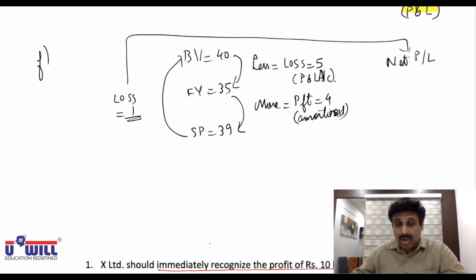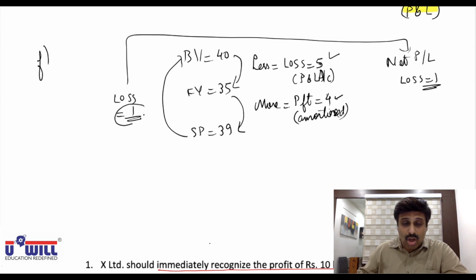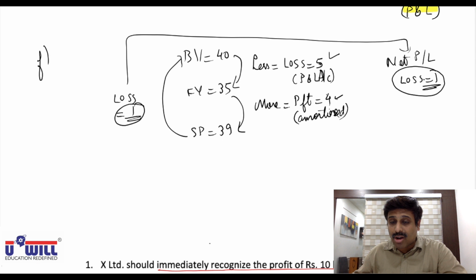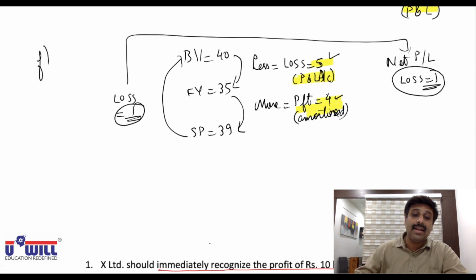What is the net profit or loss? Profit 4, loss 5, which is 4 minus 5. So there is a net loss of 1 lakh. Is this loss of 1 lakh covered in this loss of 5 lakhs? Yes. So only these two effects we have to give. Loss of 5 lakhs will be taken to the P&L account immediately and profit of 4 lakhs will get amortized.